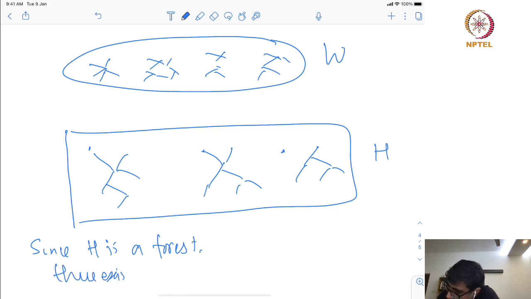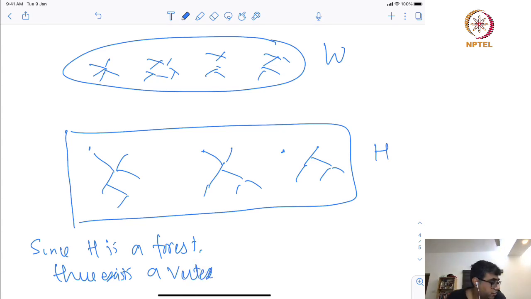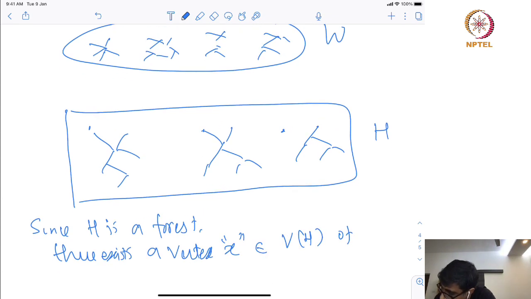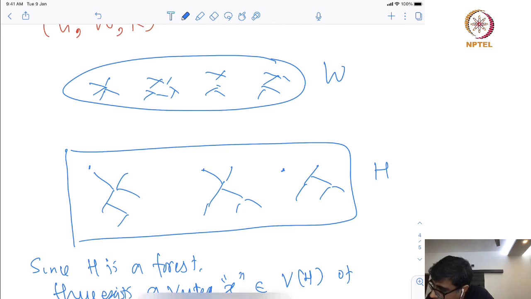There exists a vertex X in the vertex set of H of degree at most 1. Let us say this is the vertex X of degree at most 1.